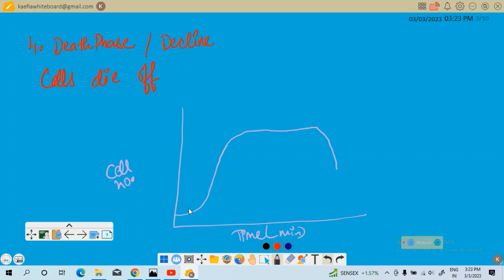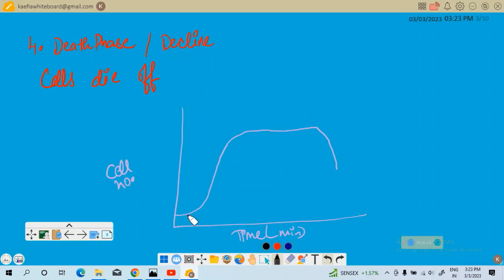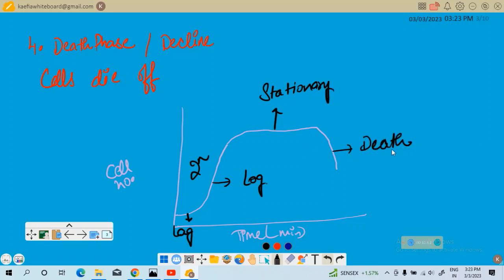Now the decline, that is death phase. This part was the initializing part, so this is the lag phase. As the number of cells grow, this comes to log phase, 2n. Now no more cell division takes place, that comes under stationary phase. When cells die, they come under death phase. So this was about the microbial growth curve.